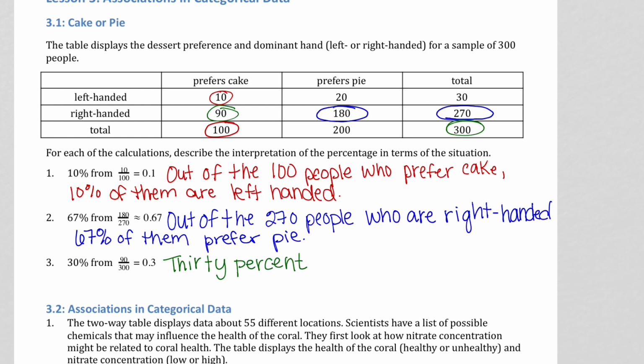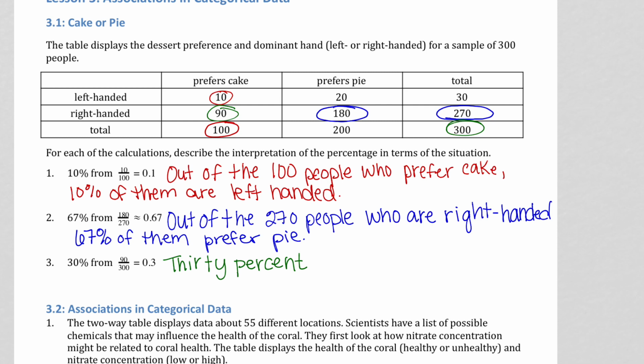Why did I not write that as a percentage in numbers? Does anybody know why? Because whenever you start a sentence, you have to write it out. Have you guys ever learned that in English yet? If you start a sentence with a number, you spell it out.